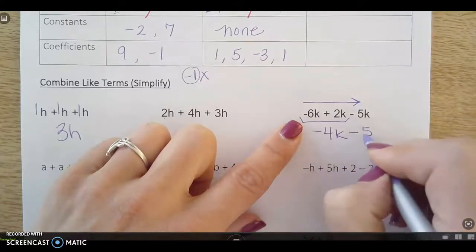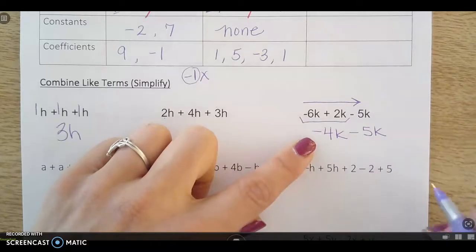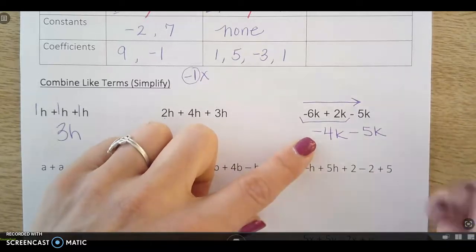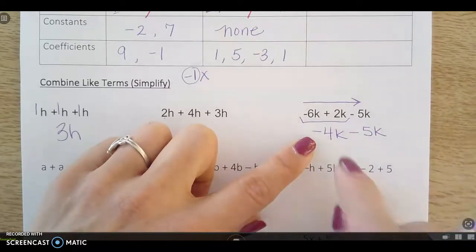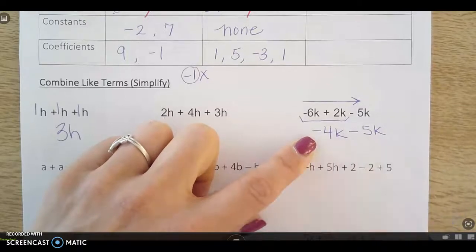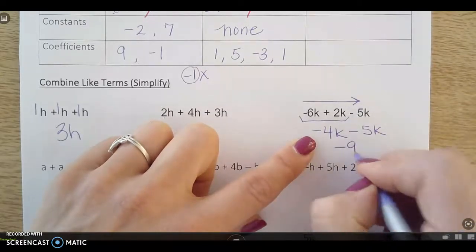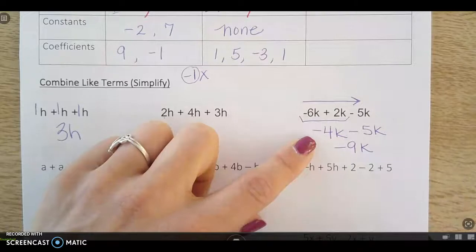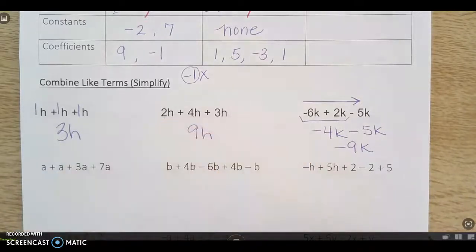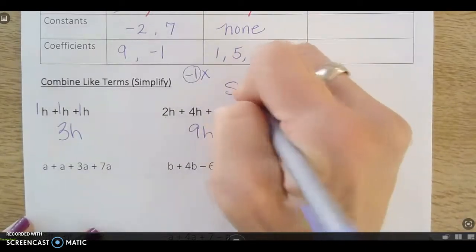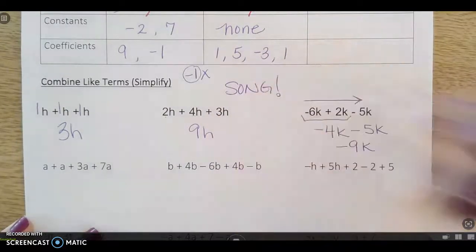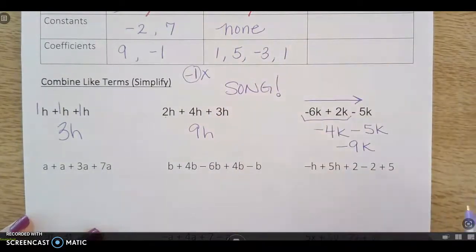And then just bring it down and keep going, left to right. Again, you can do add the opposite if that helps, or you can say, okay, -4 minus 5, put that together, and I'd end up with -9k. All right? So we have to go back and remember our rules from chapter 1. If it helps you, sing the song, right? Same signs add and keep, different signs subtract. Use that as you go.